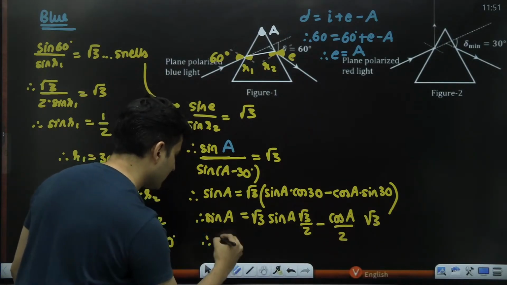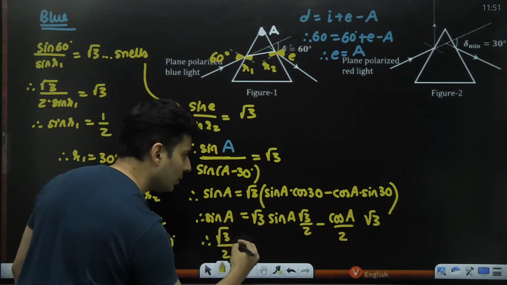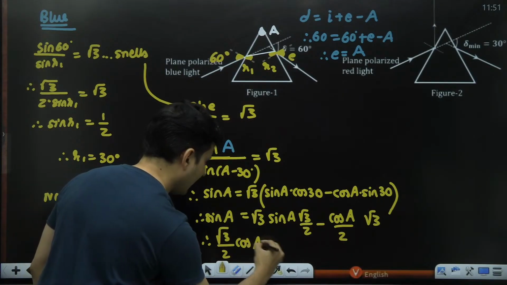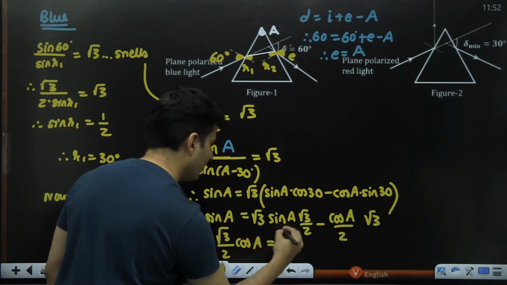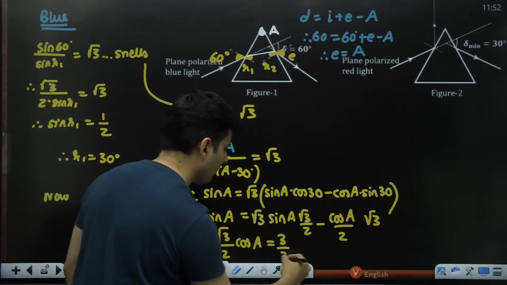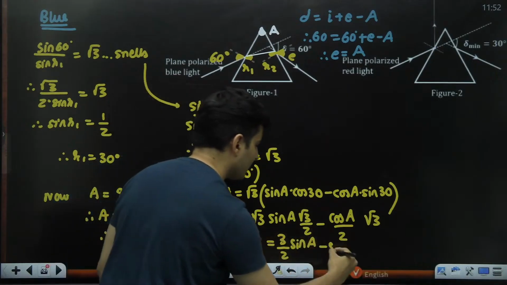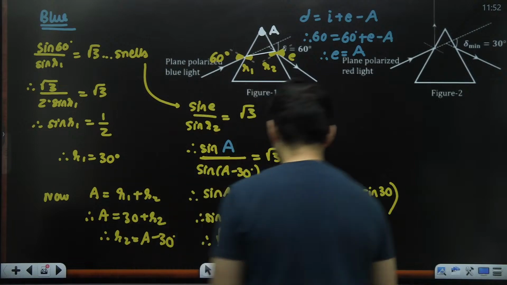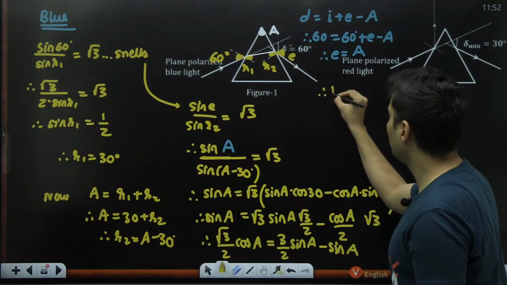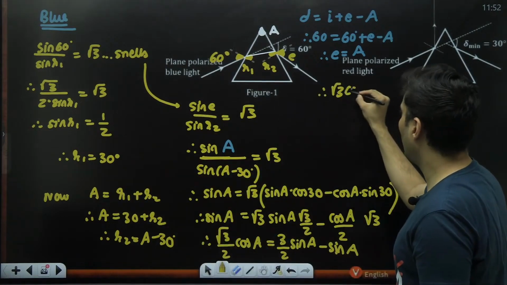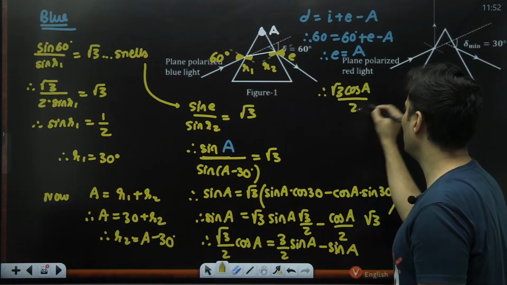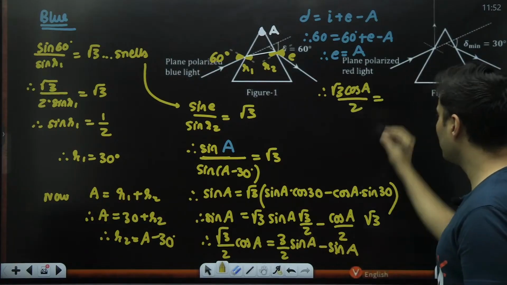So if I bring this guy over here, so that will be root 3 by 2 cos of A is equal to root 3 into root 3 is 3 by 2 sine of A. This sine A, bring it on the other side, so this will become sine of A. Okay, so this will become root 3 cos A by 2 is equal to 3 by 2 minus 1 is 1 by 2.